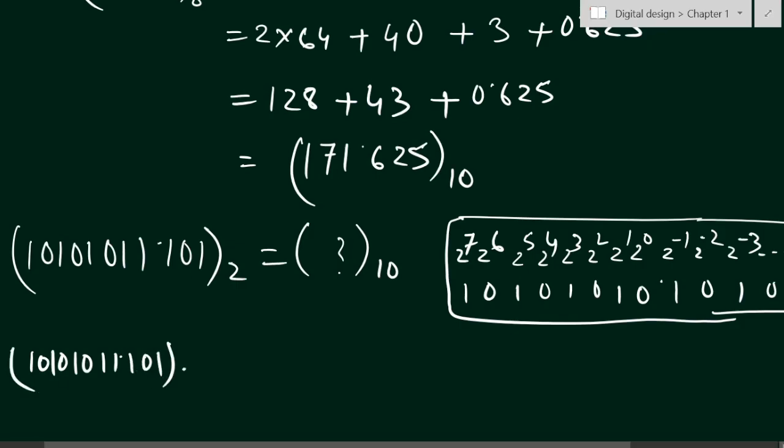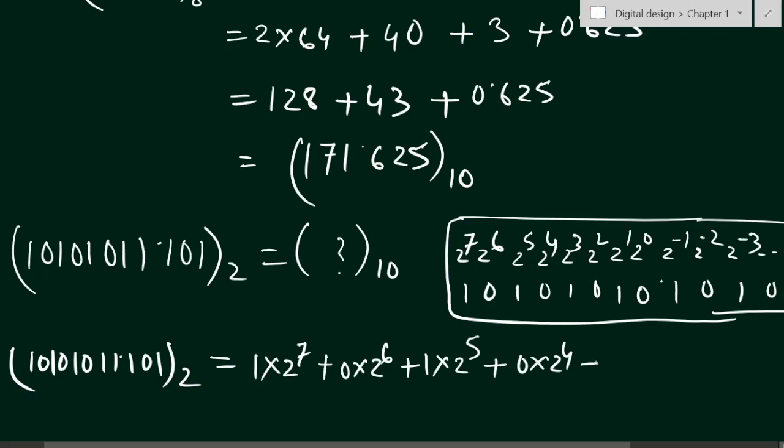10101011.101 in binary equals 1 into 2 to the power 7, plus 0 into 2 to the power 6, plus 1 into 2 to the power 5, plus 0 into 2 to the power 4, plus 1 into 2 cube, plus 0 into 2 square, plus 1 into 2 to the power 1, plus 1 into 2 to the power 0.